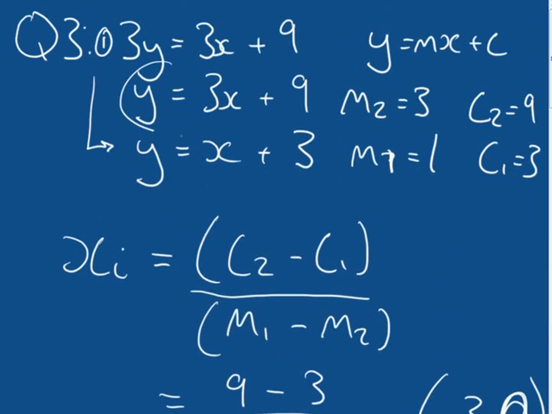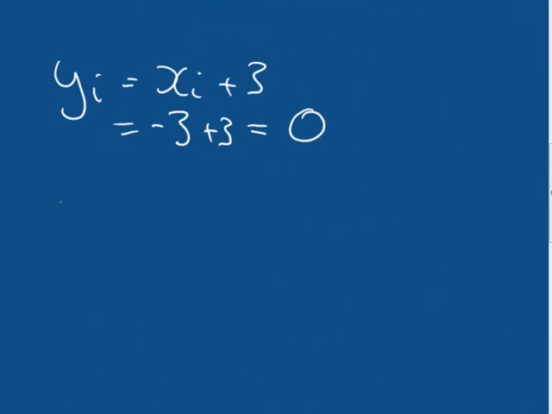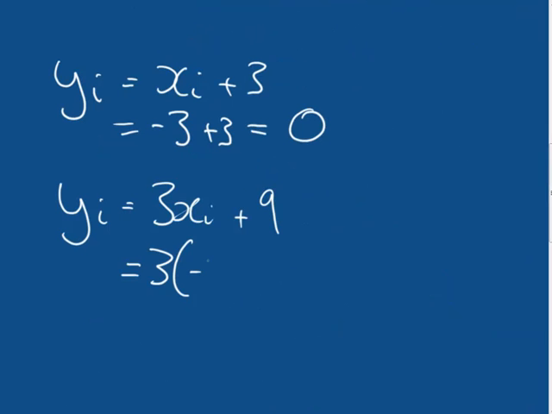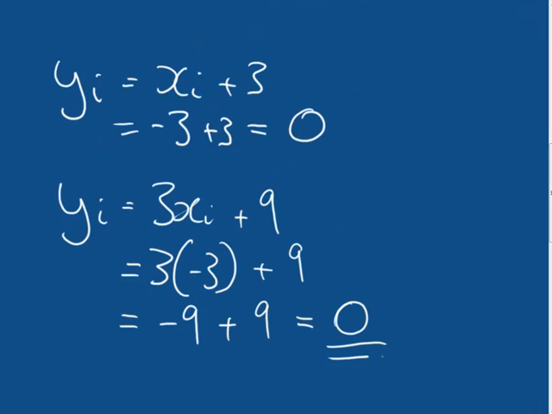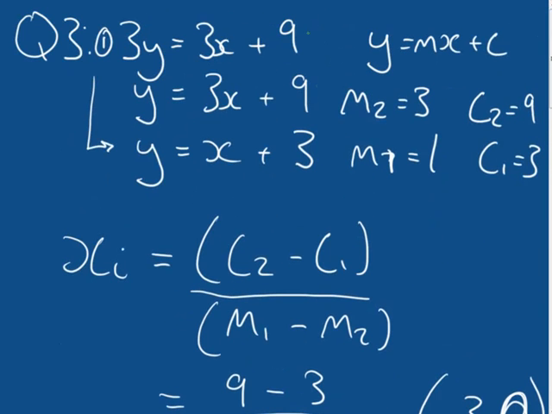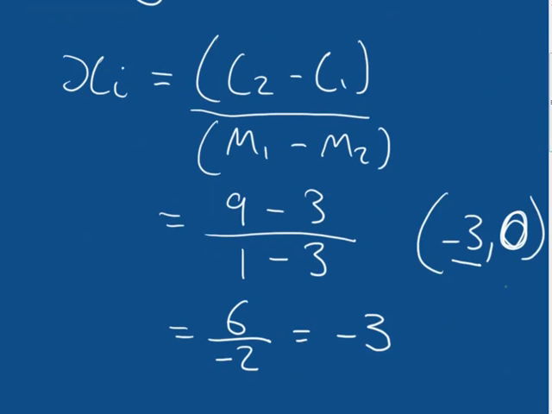So let's use our y is equal to 3x plus 9. So that should mean that yi is equal to 3xi plus 9, which is going to be equal to 3 times minus 3 plus 9, which is equal to minus 9 plus 9, which is indeed also equal to 0. So that is the correct answer. So again, the intersection point between these two lines is the point minus 3 in x and 0 in y.